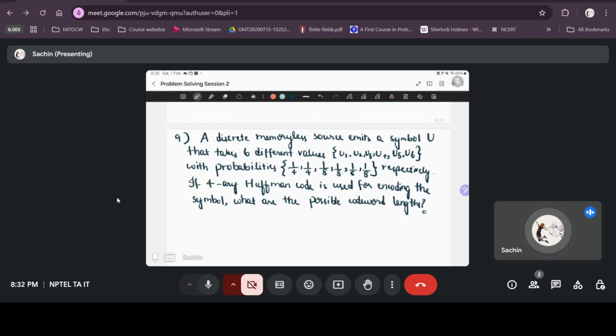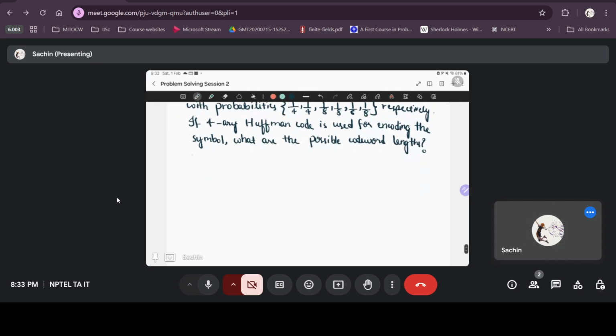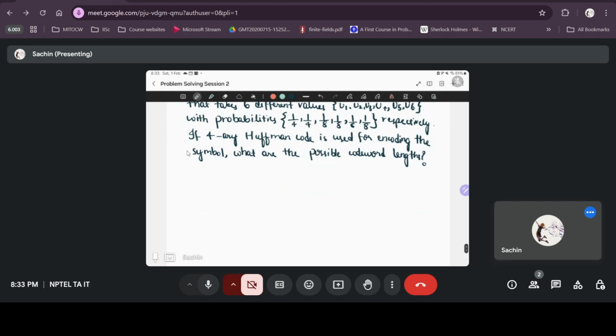And again, you have to find the lengths of the code words. The options in this case are 111222, 112222, 112223, 112233.